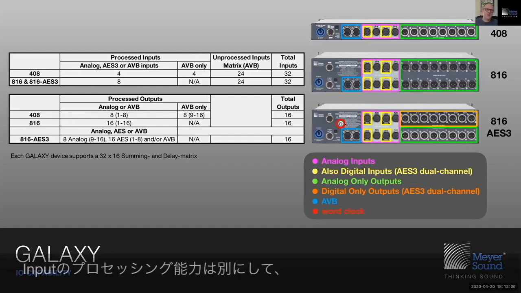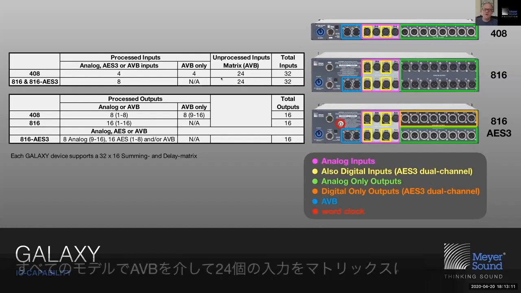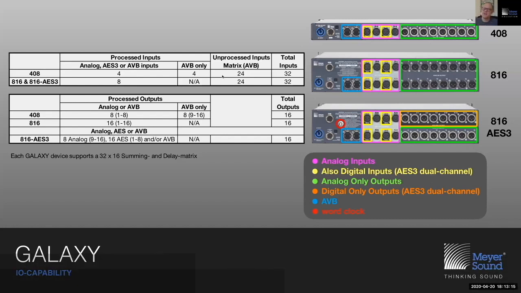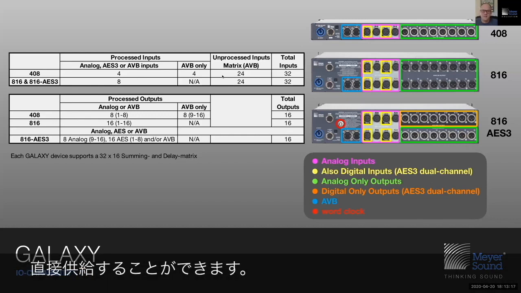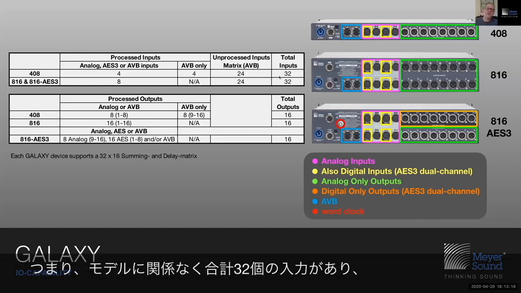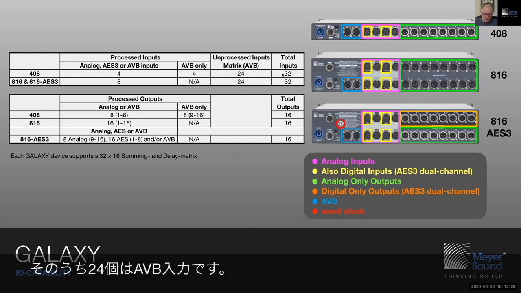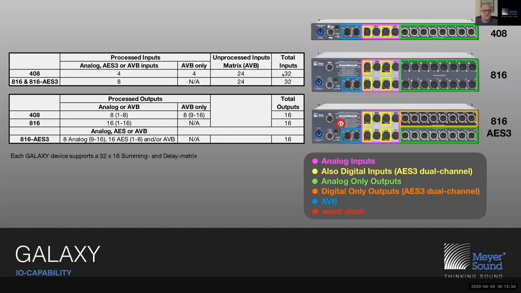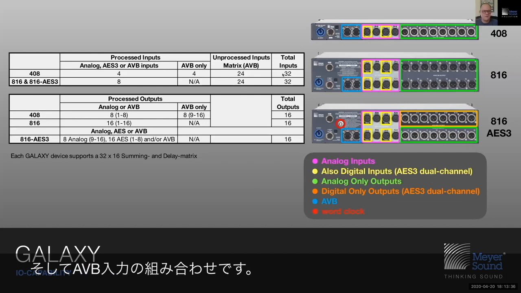That being said, regardless of the number of processed inputs, all models allow you to feed an additional 24 inputs directly into the matrix via AVB. That means that, independent of your model, you will have at all times 32 total inputs. 24 of those are AVB inputs directly fed to the matrix, and the remaining 8 inputs are a combination of either analog, digital, or additional AVB inputs.